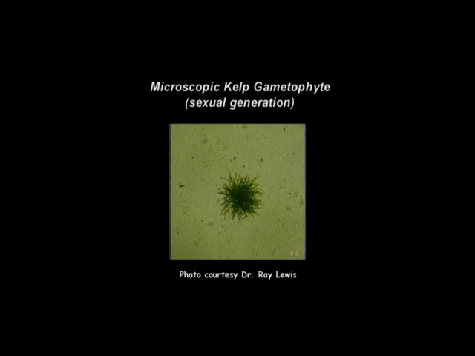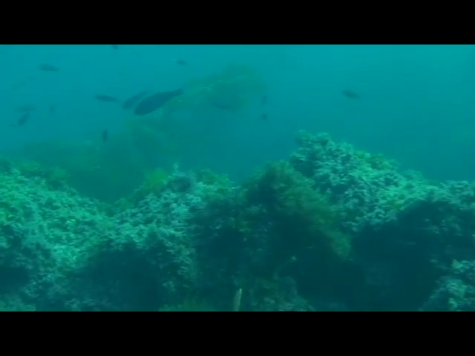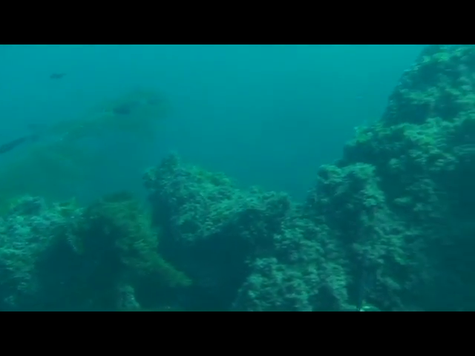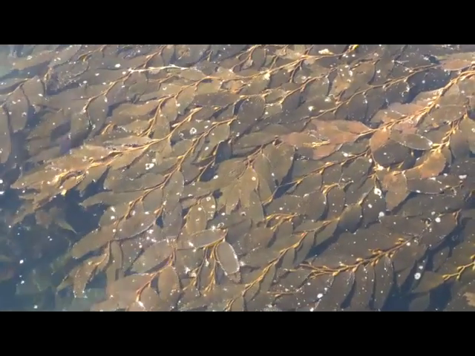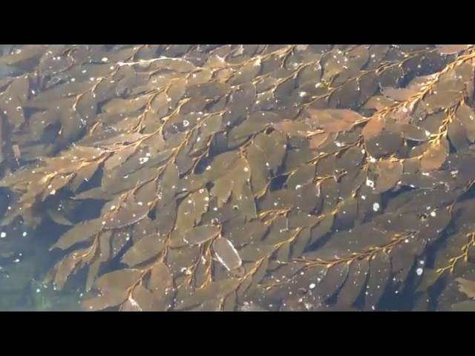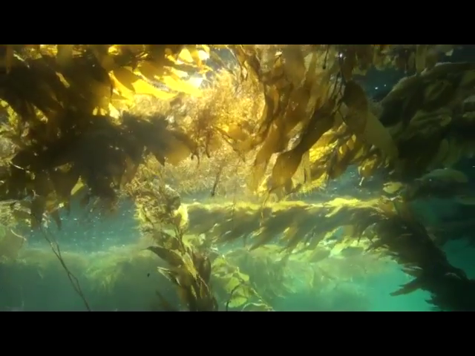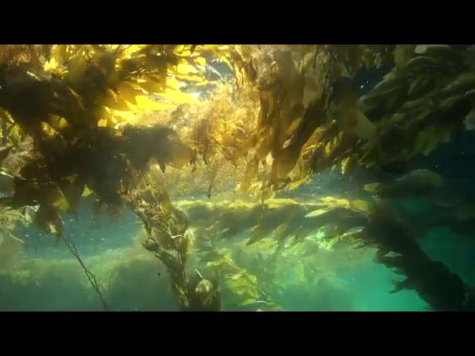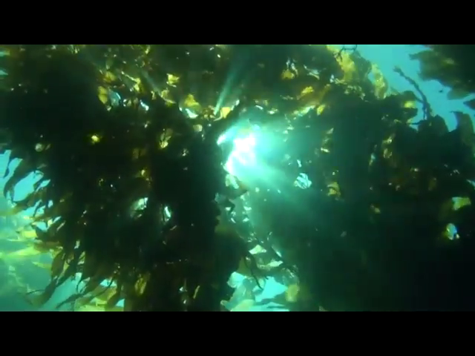The tiny spores grow into male and female sexual stages known as gametophytes. They may become reproductive within a few weeks or stay in a vegetative state for up to a year waiting for the right conditions. Just like in a forest of trees, if the kelp canopy opens up because of the death of a sporophyte due to age or environmental conditions, including low nutrients or storms, sunlight reaches the bottom and triggers activity.